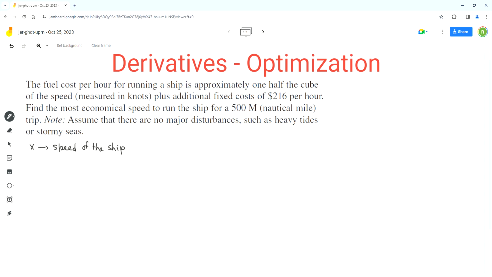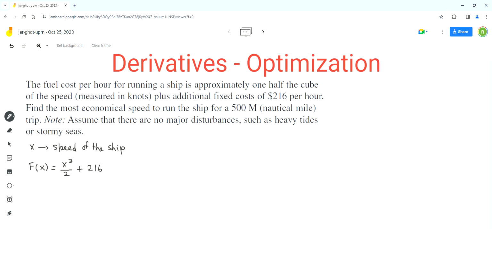So the fuel cost per hour function, let's assume it's function f of x, is approximately 1/2 the cube of the speed. That means x cubed over 2, because it's half the cube of speed, plus $216. So this is the fuel cost per hour.